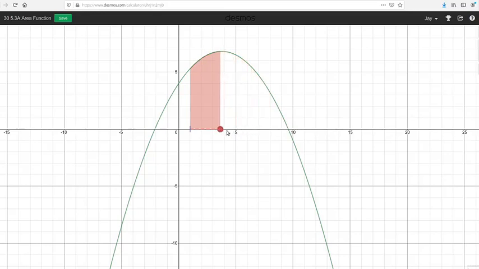For example, the area function at 5 would tell us how much area is in this shaded region. If we plugged 15 into the area function, it would give us the pink region up here minus the black region down here. So whatever number we land on, that's what we plug into x in our area function.